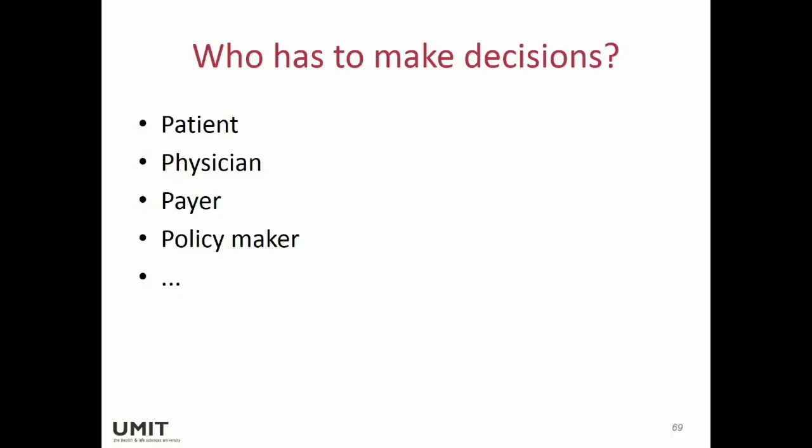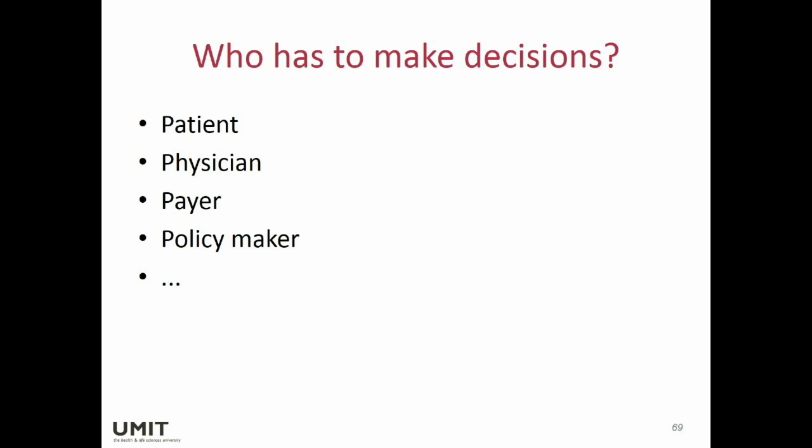So now I'm going to guide you through a little bit the concept of decision analysis now that you saw a little example. First of all, we have to think about who has to make the decisions. Is it the patient who wants to have the food, or is it the physician who wants to find an effective and safe treatment?